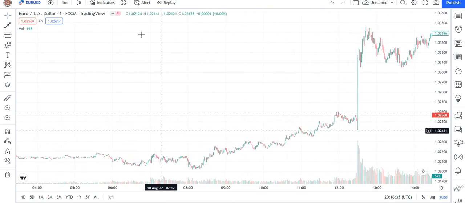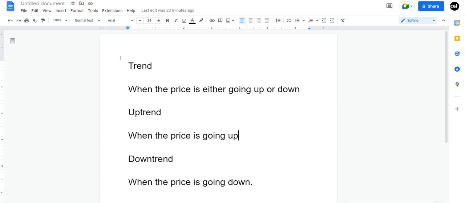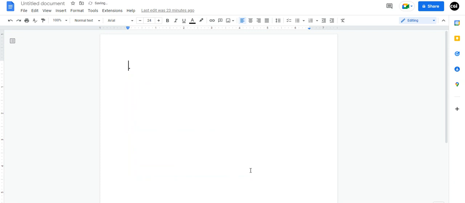Okay, so the assignment, let me type it out so that everybody will be clear on what it is. The assignment is that you would take 10 screenshots of uptrends.